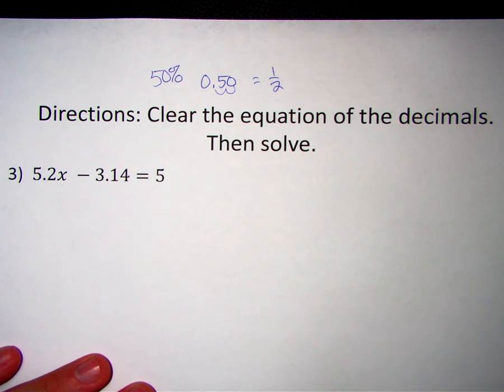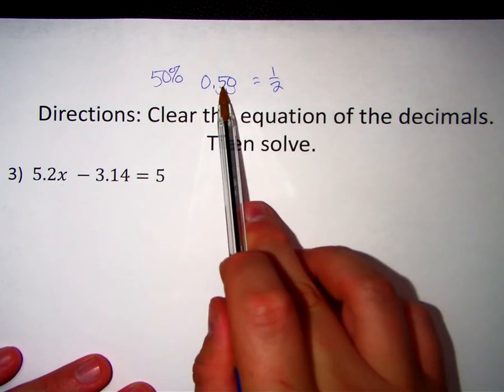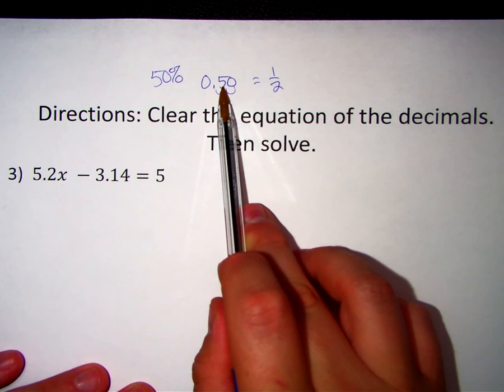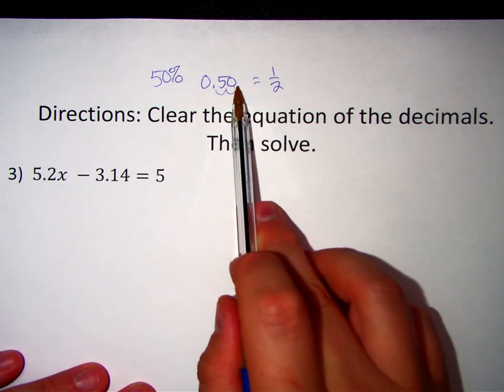Now, the part of why it becomes 50% is because we multiplied 0.50 times 100. That allowed us to move our decimal 2 places.